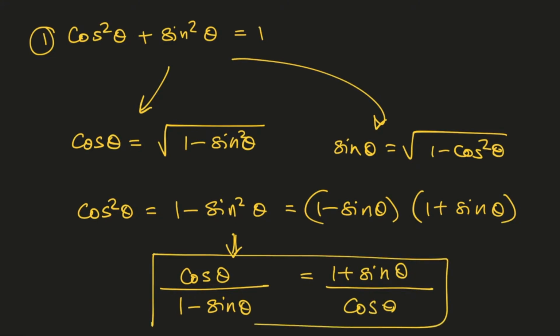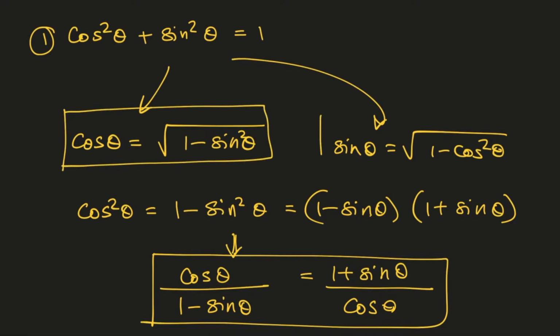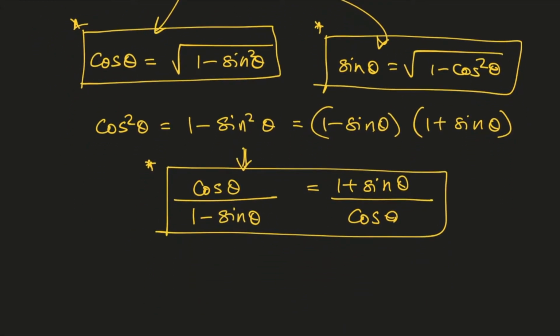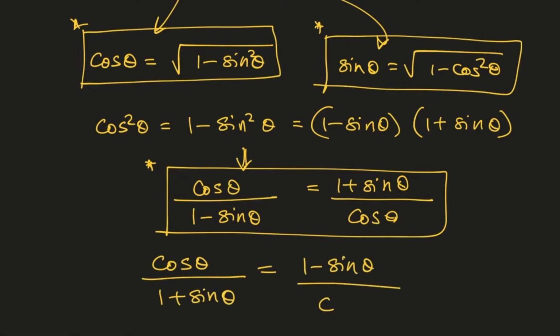So these are the three forms that you should remember from the first identity that we have learned. Of course, you could also write this as cos theta divided by 1 plus sine theta is equal to 1 minus sine theta divided by cos theta.